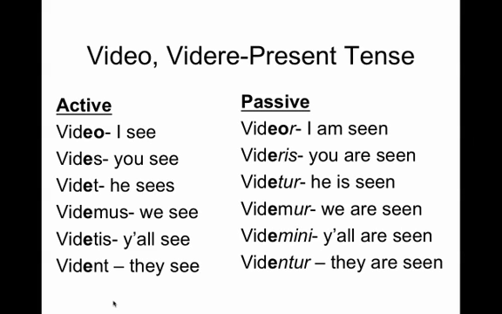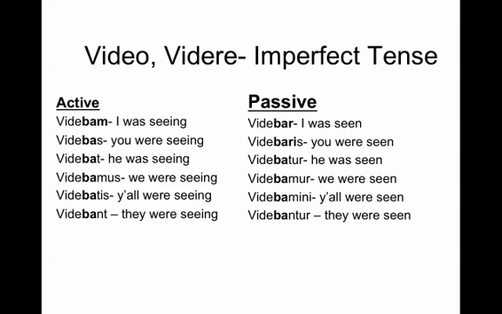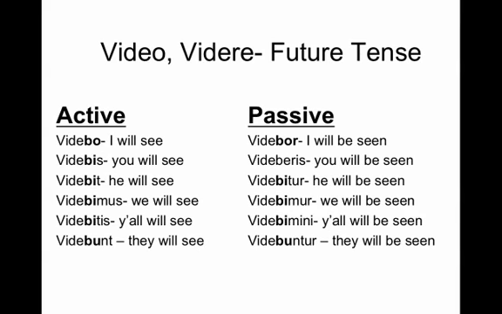Okay, the same as the other forms that we were just talking about. And again, pause this, rewind it if you need to see it again. But notice this -is becomes -eris in the future passive.